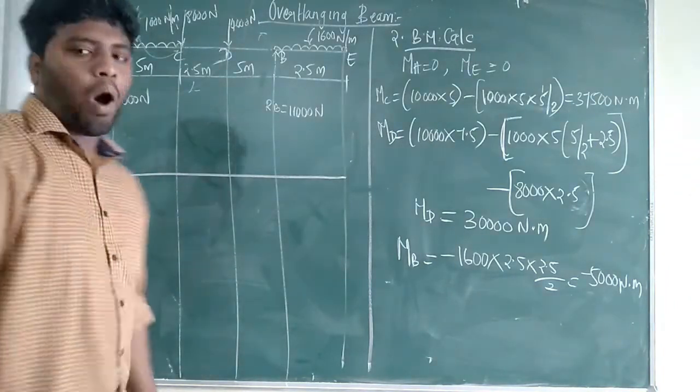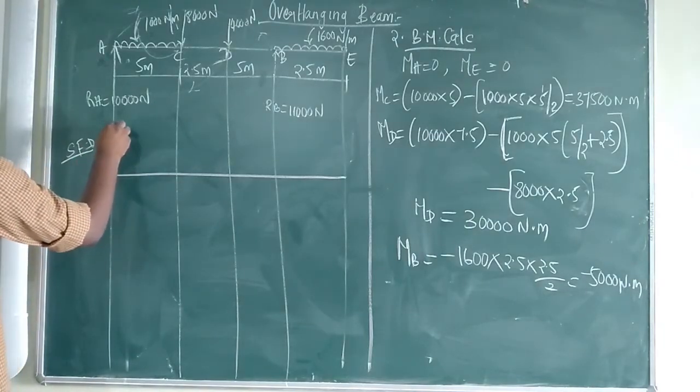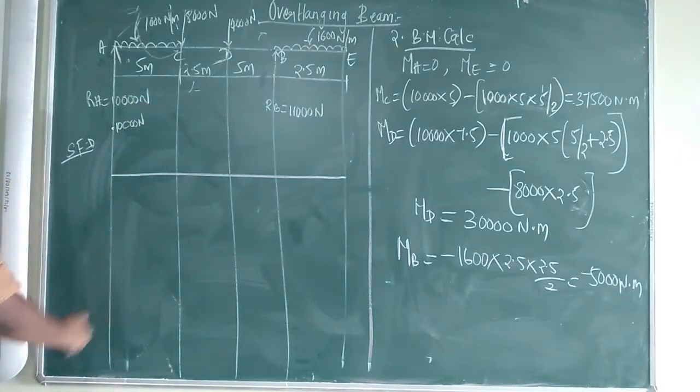Next, what is the force at A? Your force at A is nothing but 10,000 Newton, as you already calculated. First mark the point. So point marking 10,000 Newton somewhere here.